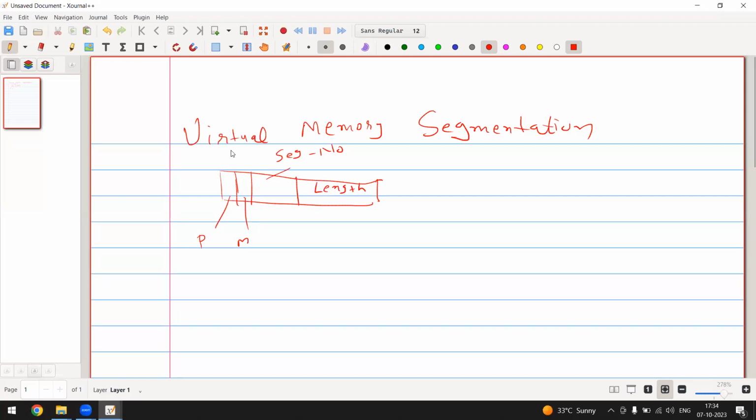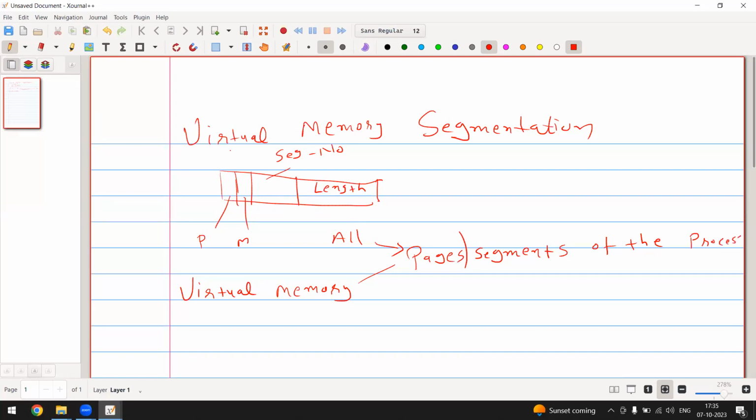But the overall advantage of virtual memory, to summarize, is that the page or the segment that you are trying to access, all pages or segments of the process may not be in the main memory.